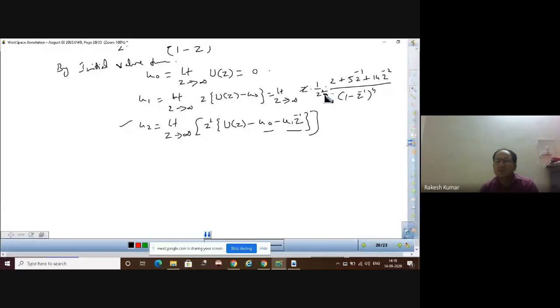Whenever z approaches infinity, 1 over infinity gives 0, so the total value comes out to be 0.